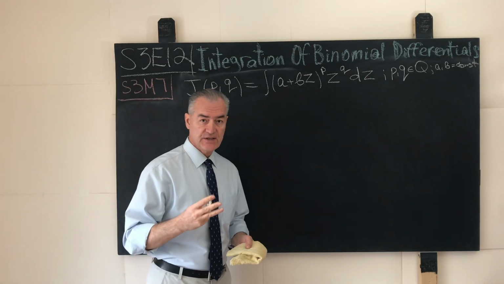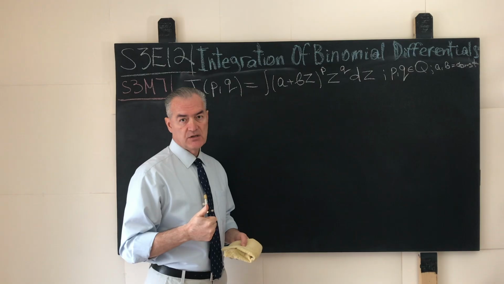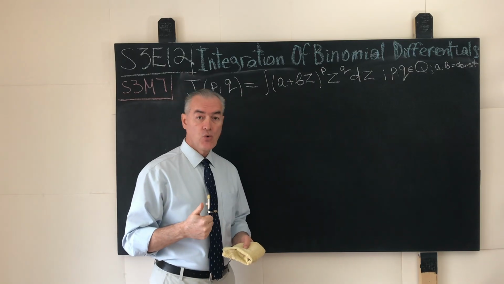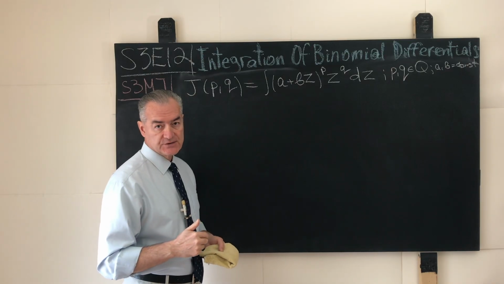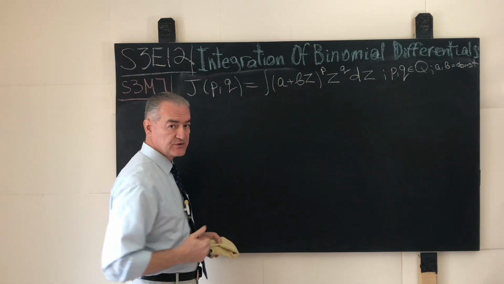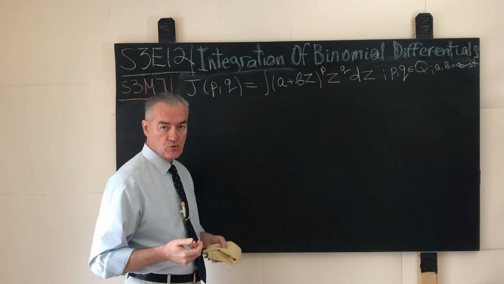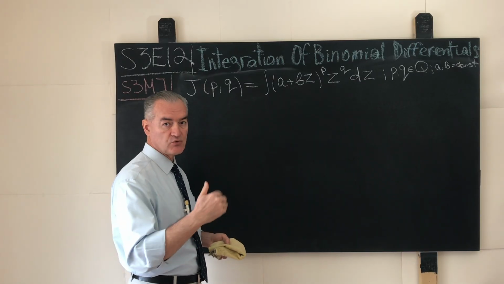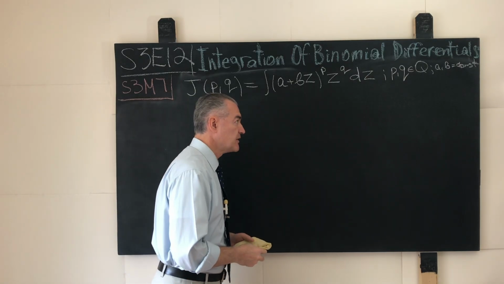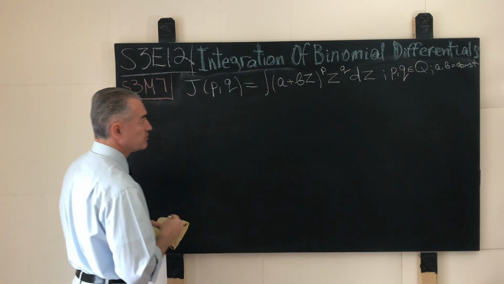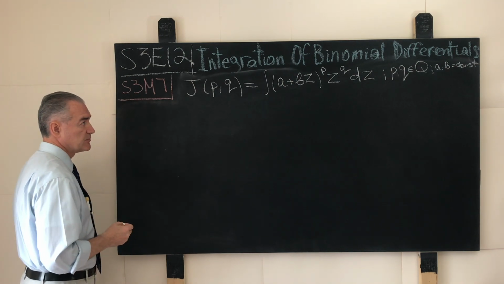We know the three cases: either p is an integer, or m plus 1 over n is an integer, or p plus m plus 1 over n is an integer. In any one of these cases, the integral at hand is representable as a finite combination of elementary functions.